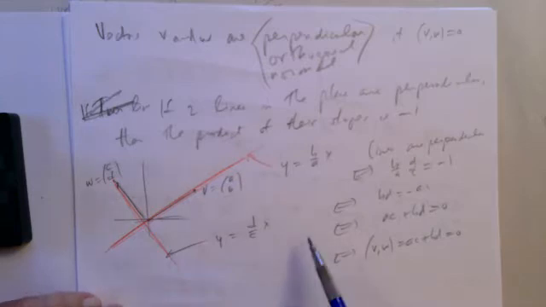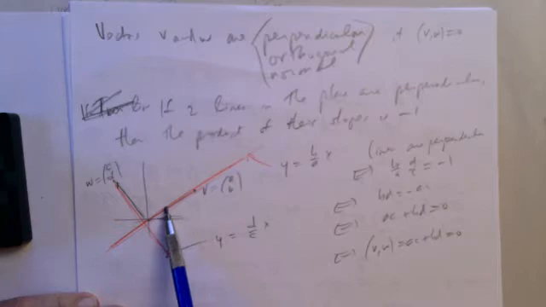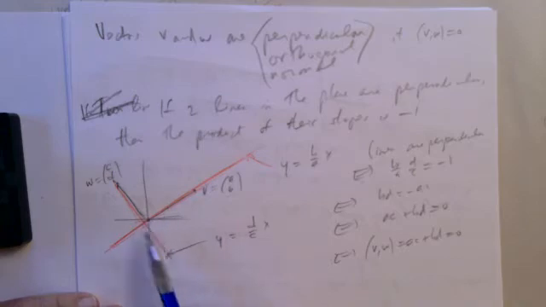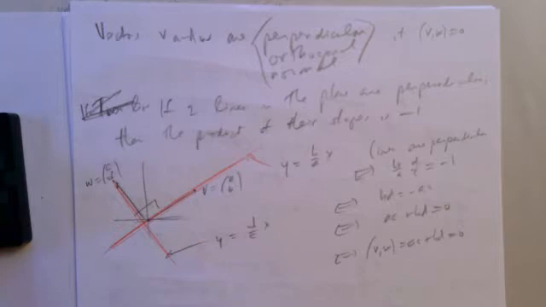So saying that the inner product of these two vectors is 0 is exactly the same as saying the slopes of the lines they define is -1, is exactly the same thing as saying that these lines are perpendicular.